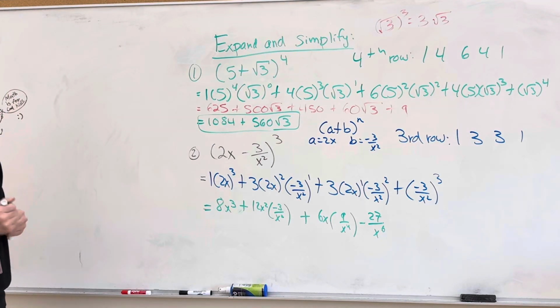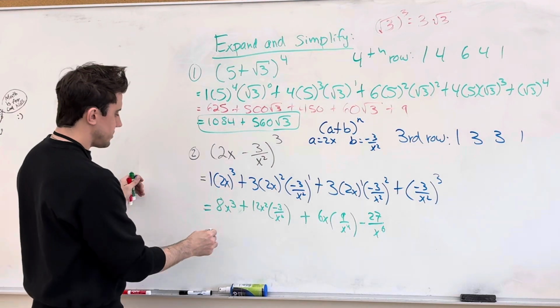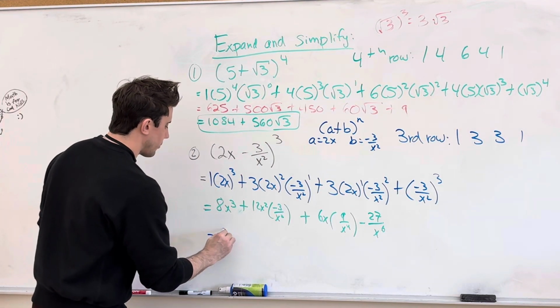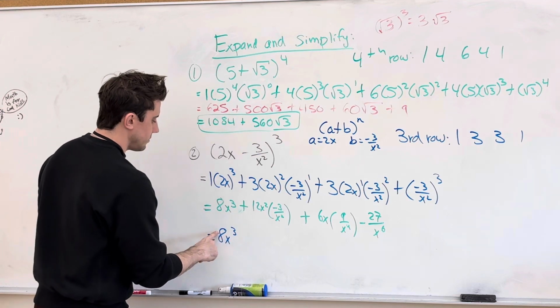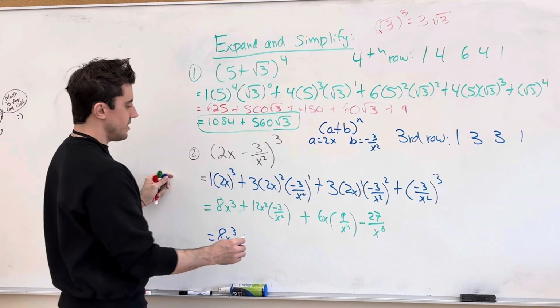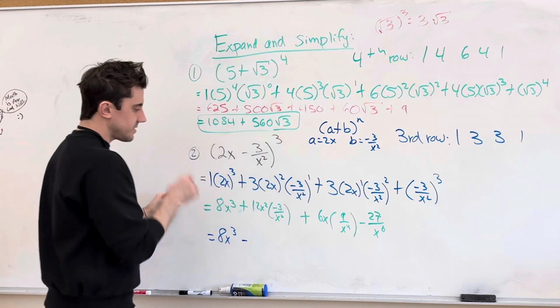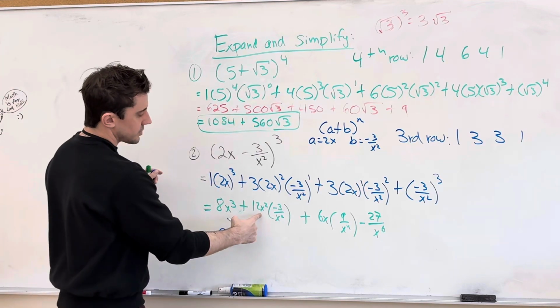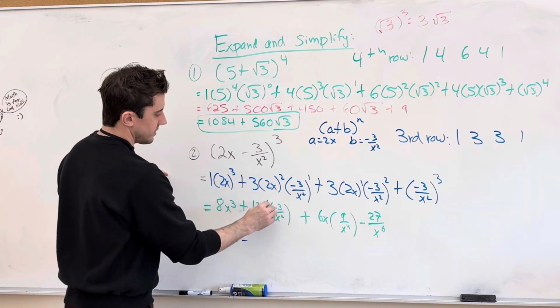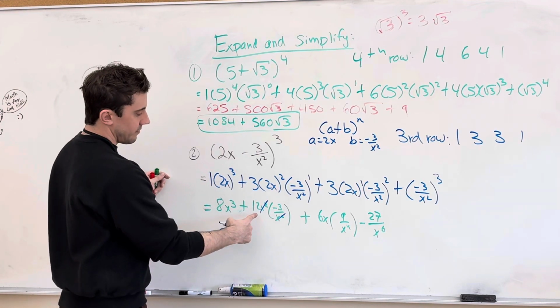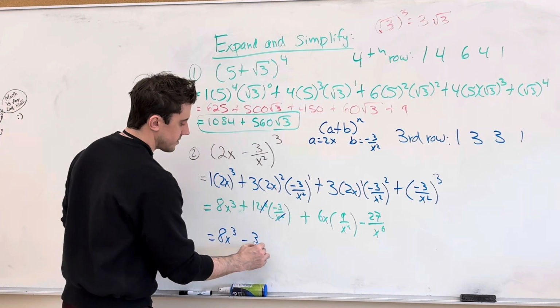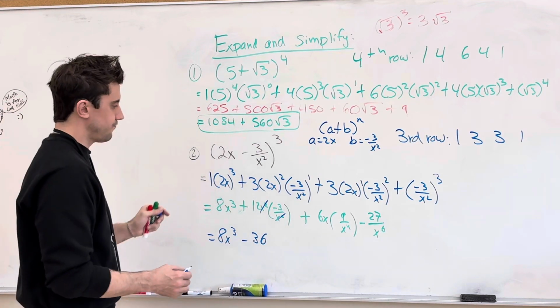And now let's finish this off with one more line of simplifications. And so our final product will be 8x cubed, minus, here the x squares conveniently cancel out. And so all we have is minus 36. Happens sometimes.